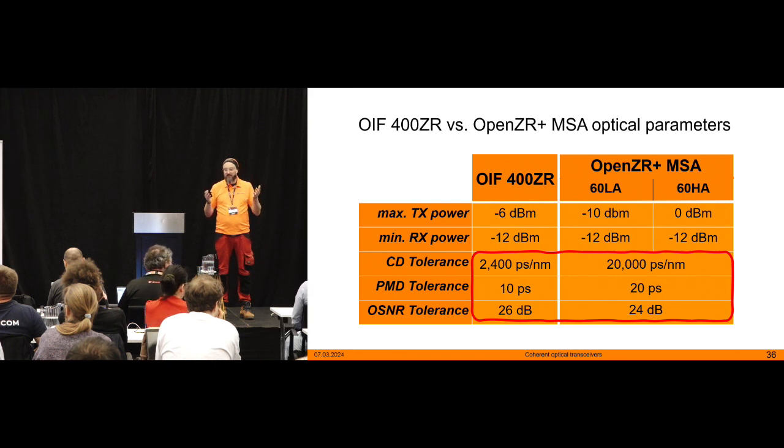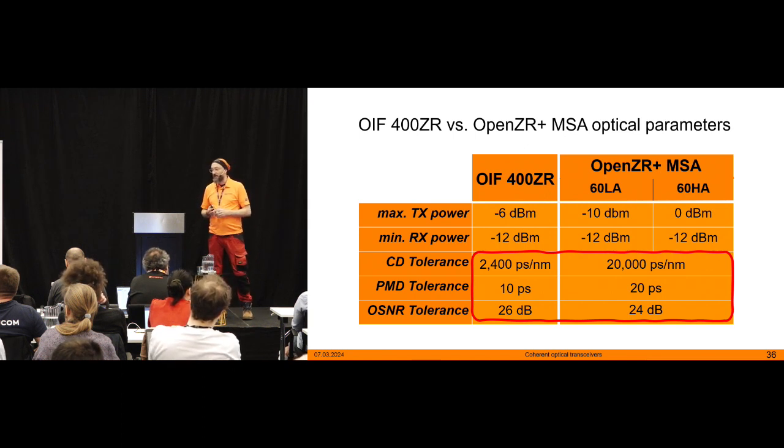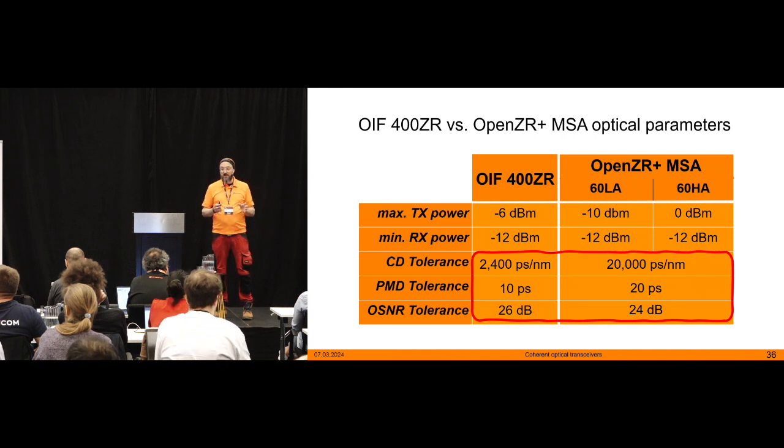Until now, only TX and RX power were quite relevant when we designed an optical network. But now with coherent, you should also take into consideration chromatic dispersion, polarization mode dispersion, and the optical signal-to-noise ratio. And here you see the major difference between both standards. OpenZR+ is a little bit more hardened; especially, it's more tolerant to dispersion.